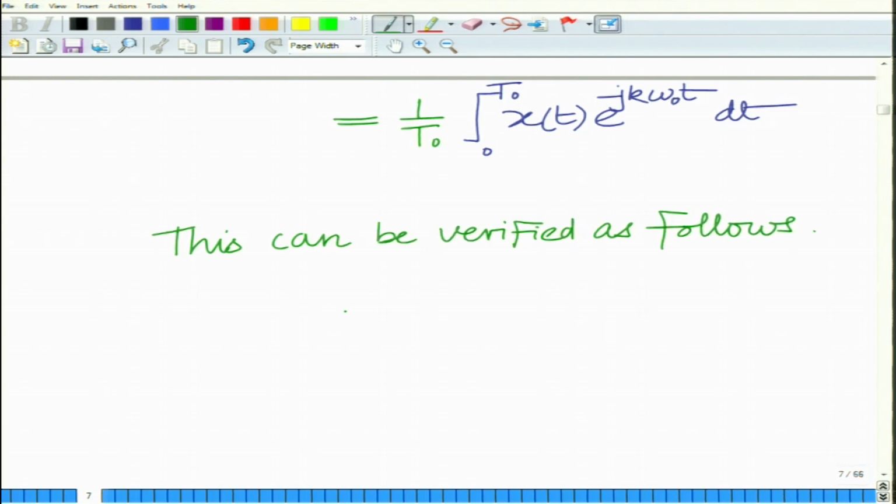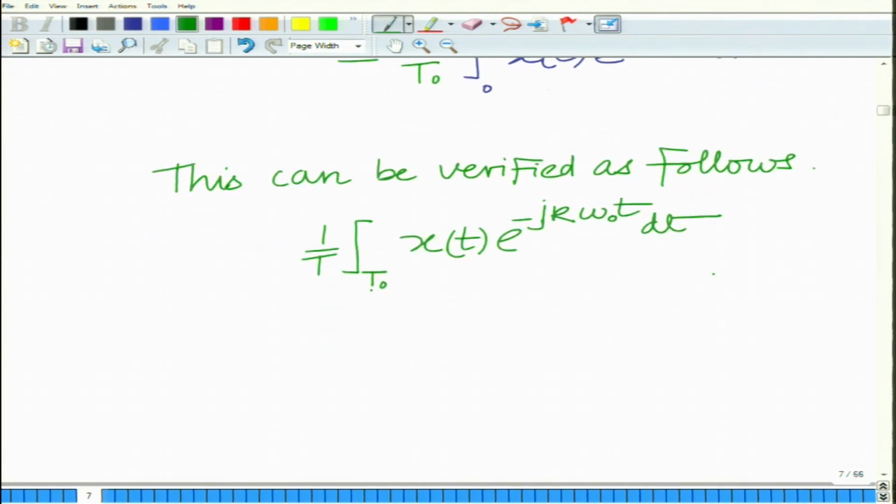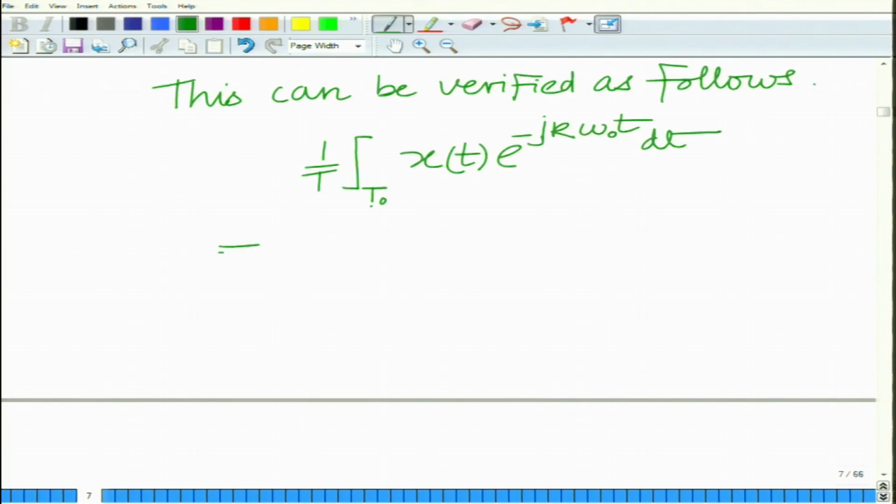Now, consider C k, or consider, let us say, 1 over T naught integral of x(t) e raised to minus j k omega naught t dt, evaluated over an interval of duration T naught.